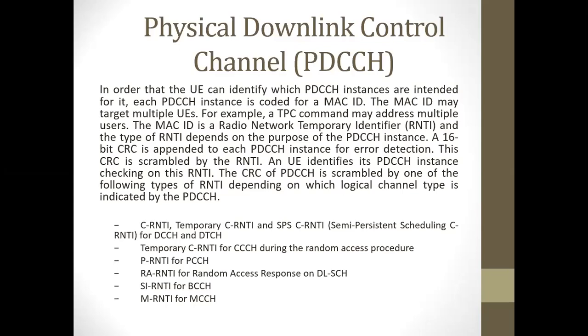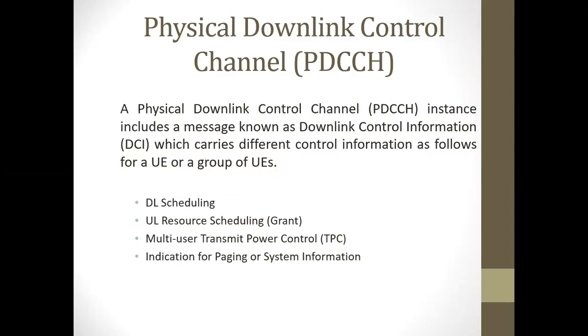Each UE will have some identities, and that identity is used to scramble the CRC. We'll talk about these identities later. They are mentioned here, but right now I'm just giving you an idea how the different PDCCH instances are separated.